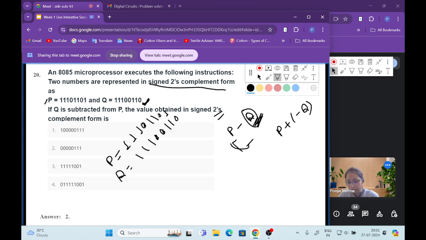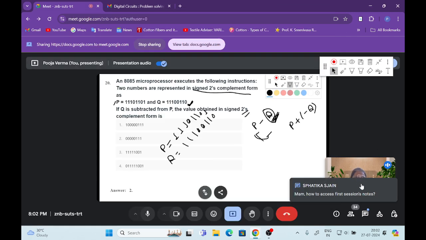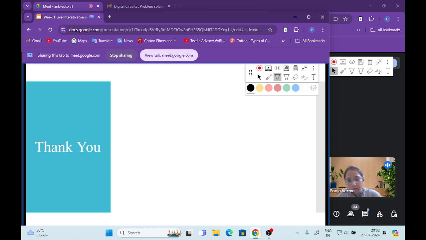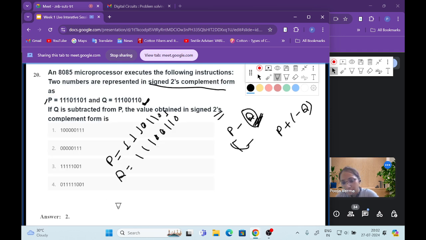First, we need to take the 2's complement of Q. Let me complete this question, this one is the last question. So what is the 2's complement of Q?